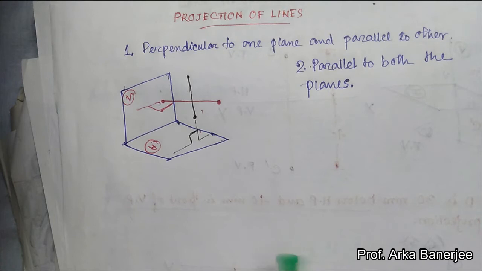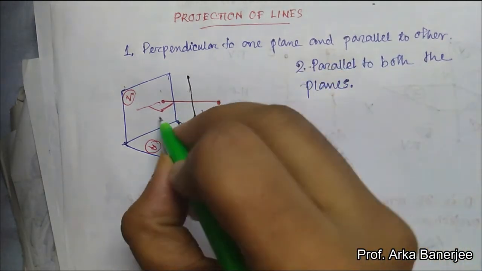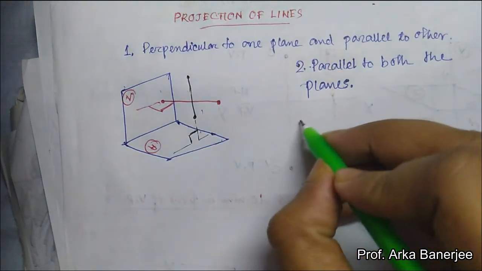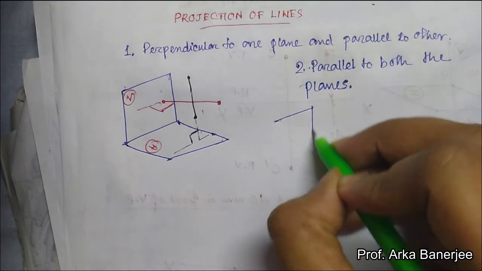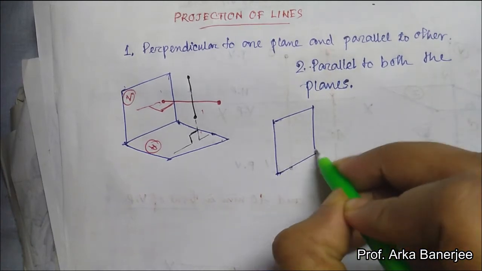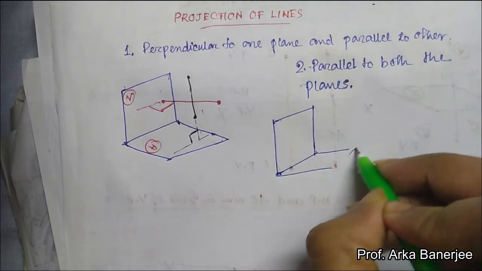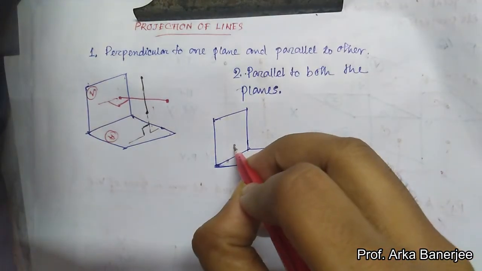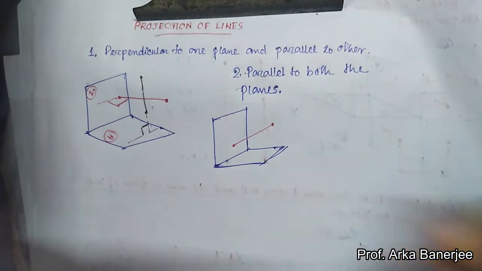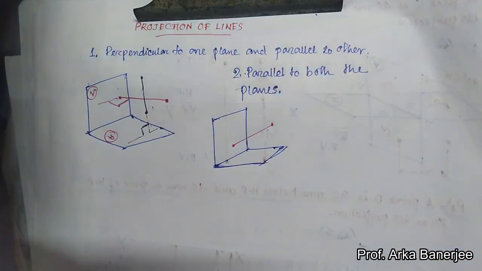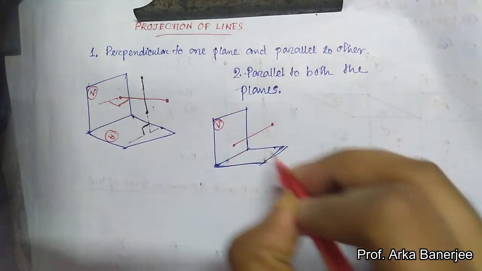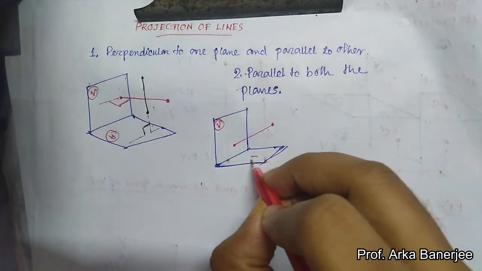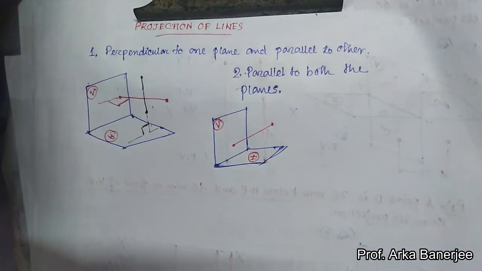If it is parallel to both the planes, then obviously the one and only option is like this. This is a line, so it is parallel to both the vertical plane and the horizontal plane.